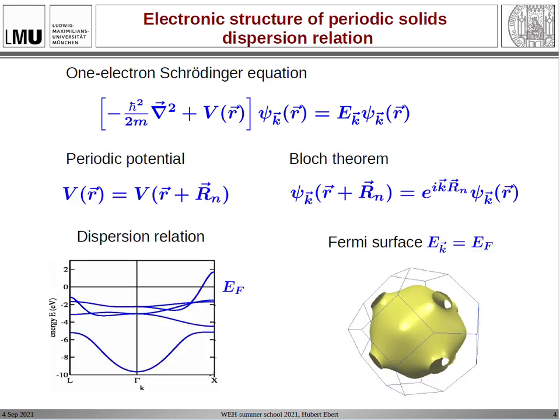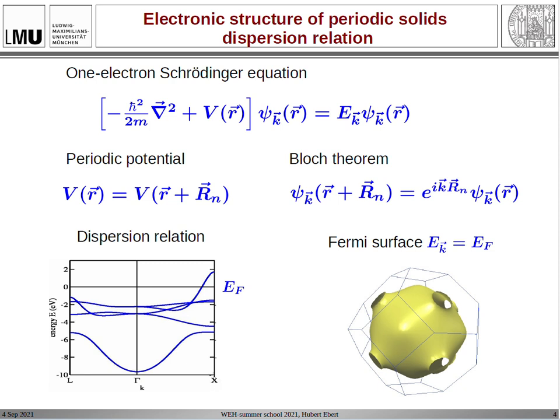Now, from the periodic potential, by considering the effect of a translation by a lattice vector, we have immediately the consequence of the Bloch theorem that gives us the symmetry of solutions to the Schrödinger equation in such a periodic potential, namely given by that expression. I don't have to read it here.